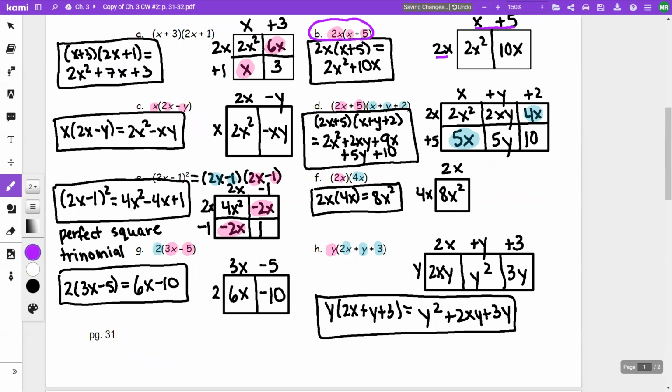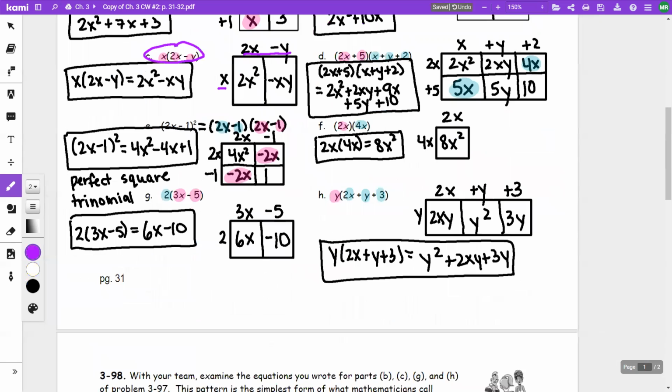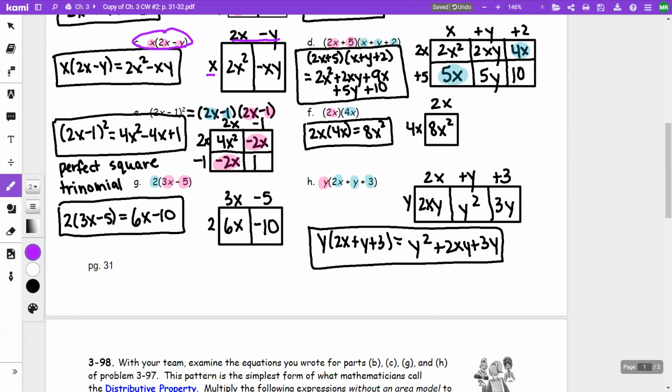Okay, let me circle that whole thing, because I have a single term times a double term. Next one, F is actually kind of the same idea. We have a single term times a single term this time. G, we have a single term times a double term. And H, we have a single term times a triple term this time.